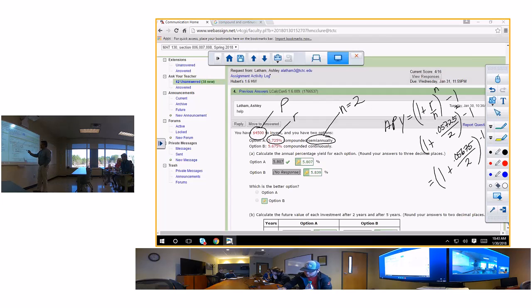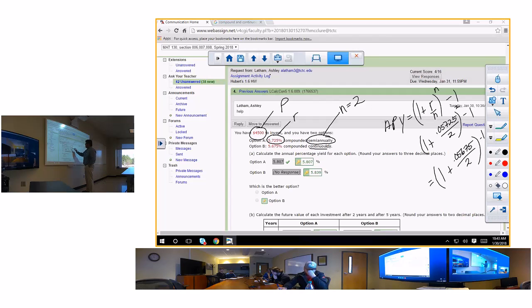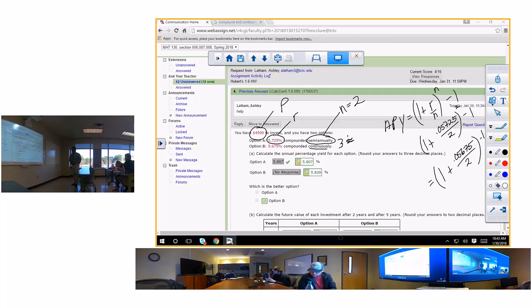Always remember, compounded continuously and compounded whatever are usually going to be just about the same, approximately. That's why you get 5.839 versus 5.807. Now, after 5 years, this is your T. T is usually written in terms of years.